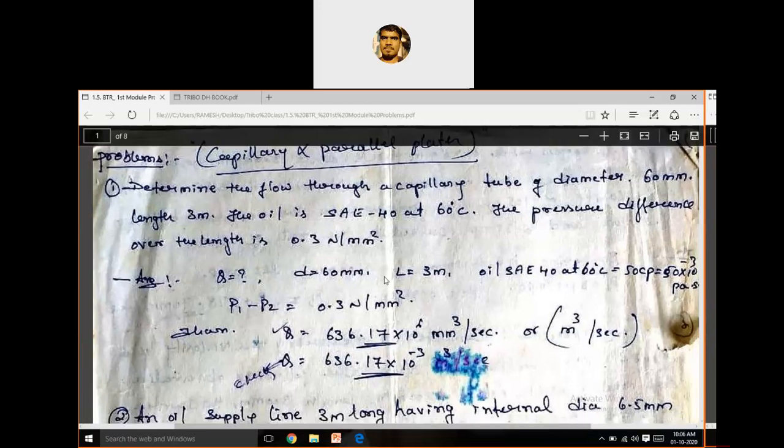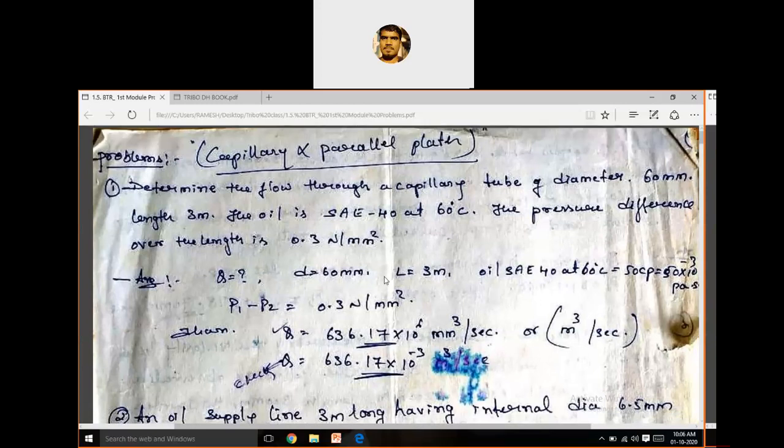The oil is SAE 40 at 60 degree centigrade. The pressure difference over the length is 0.3 Newton per millimeter square. So I have to find out the flow rate.